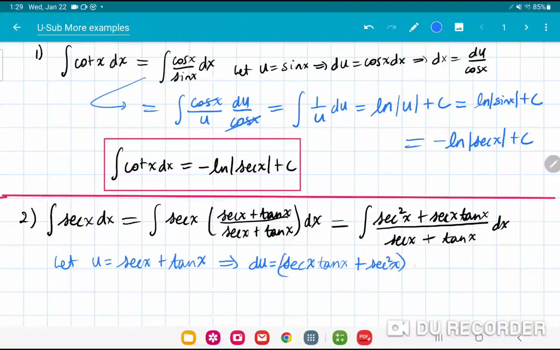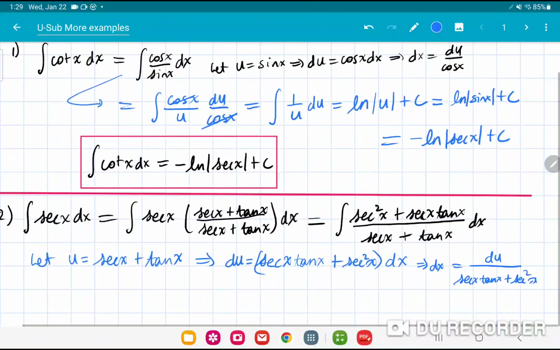So du is sec x tan x plus sec squared x dx. So solving for dx, this gives me du over sec x tan x plus sec squared x.